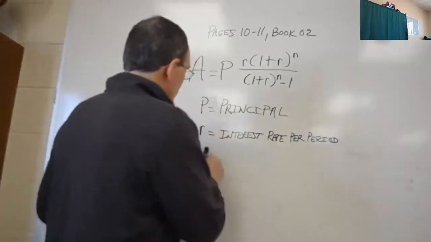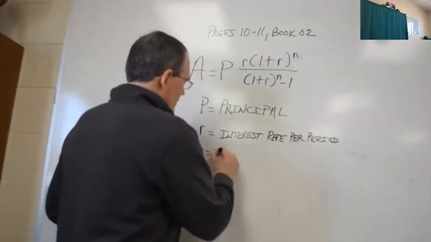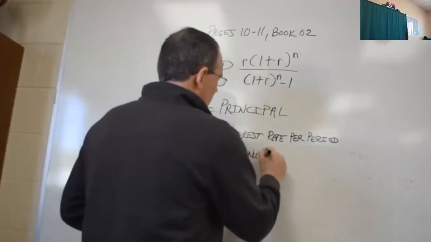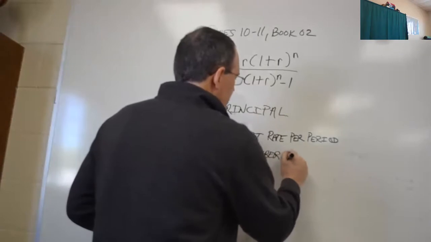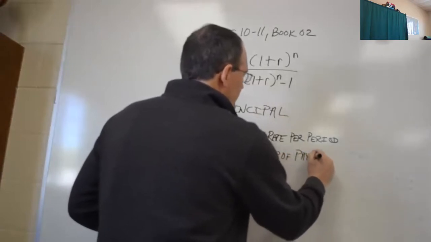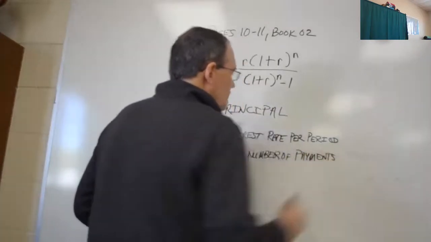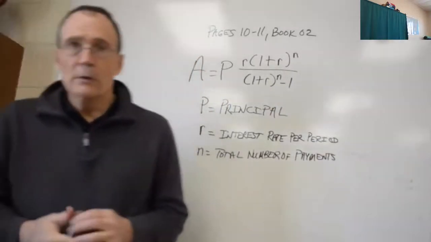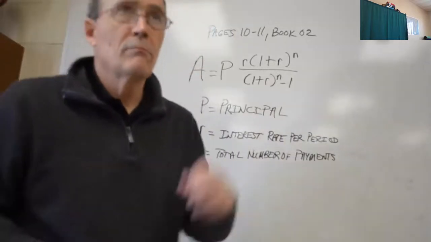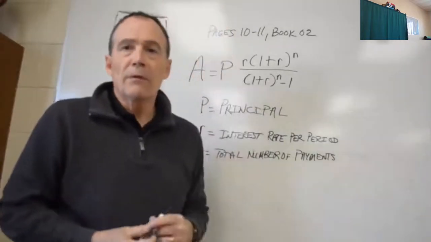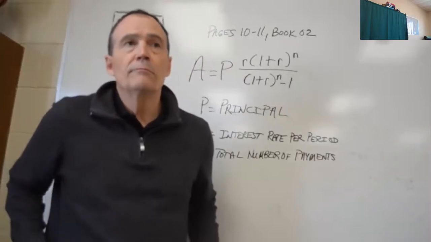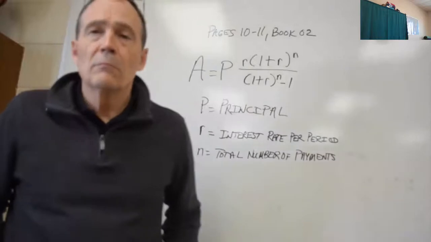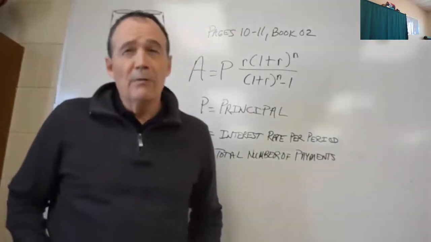And then N, total number of payments. So if you are making monthly payments on a 3-year loan, so you have a $4,000 loan over 3 years, you'll make those payments monthly.